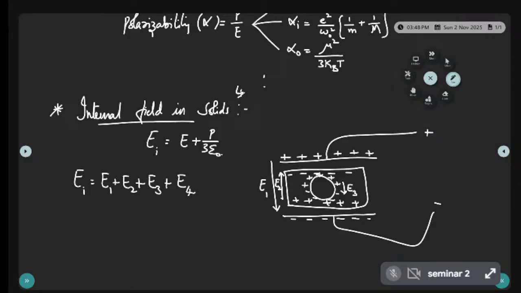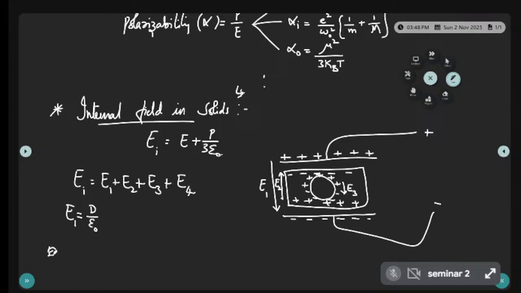When a dielectric material is introduced, or when you apply a field E, the field that is going to be set up is E_i, which is nothing but the sum of E1 plus E2 plus E3 plus E4. According to him, E1 is equal to D by epsilon naught.